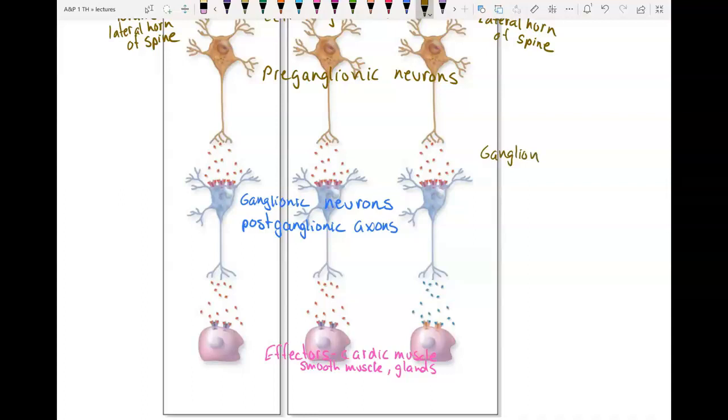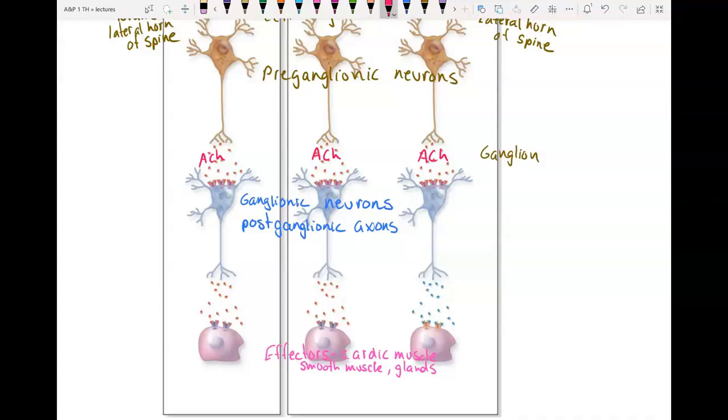Our neurotransmitters are color-coded for us. So the red ones here are all acetylcholine. So you can see that throughout the autonomic nervous system, whenever preganglionic is secreting neurotransmitter onto a ganglionic cell body, it uses acetylcholine.